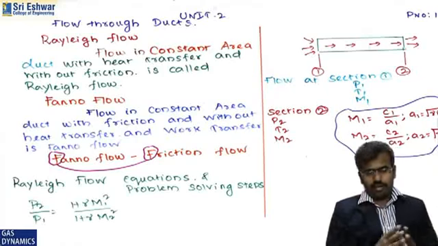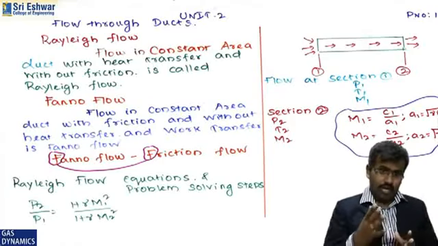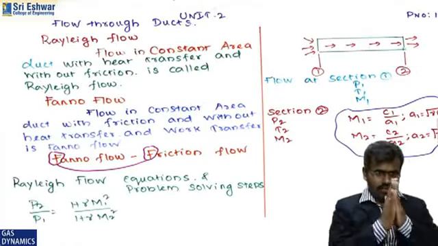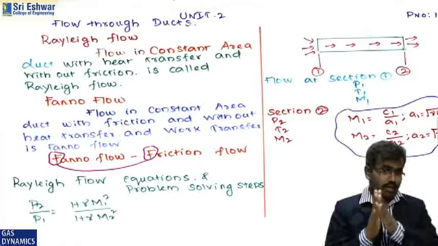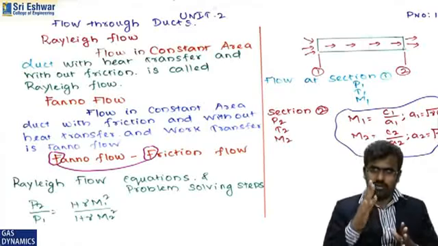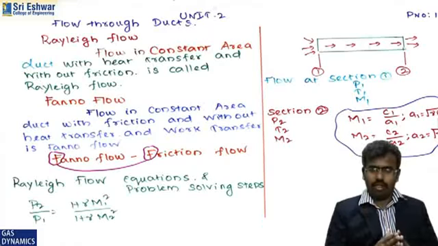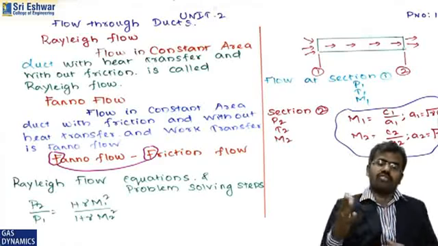So these are the parameters we are going to use for solving problems, both Rayleigh and Fano flow. If they gave the Mach number M1, it is very simple. If they didn't give the Mach number, then you need to solve by the formula M equal to C by A. For section 1, M1 equal to C1 by A1.